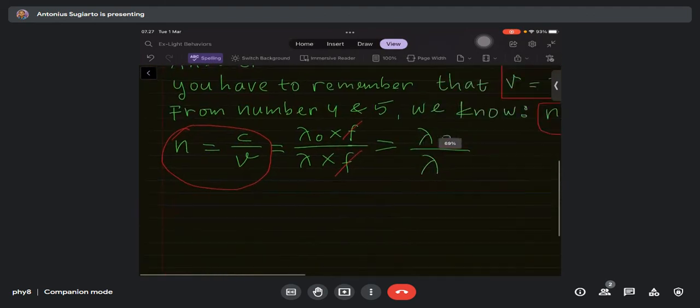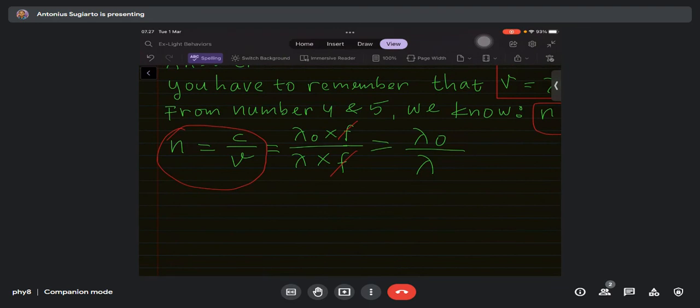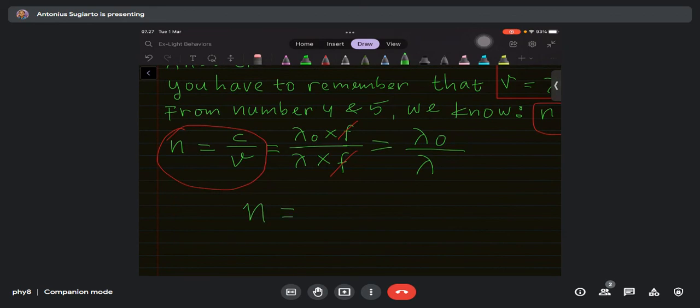Okay, let me write down the formula that we will use. n equals lambda 0 divided by lambda.